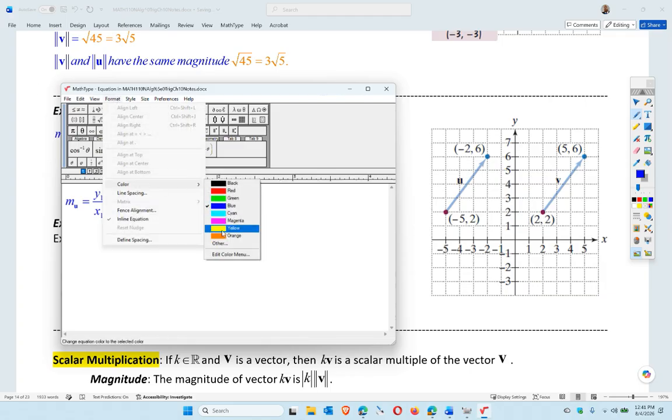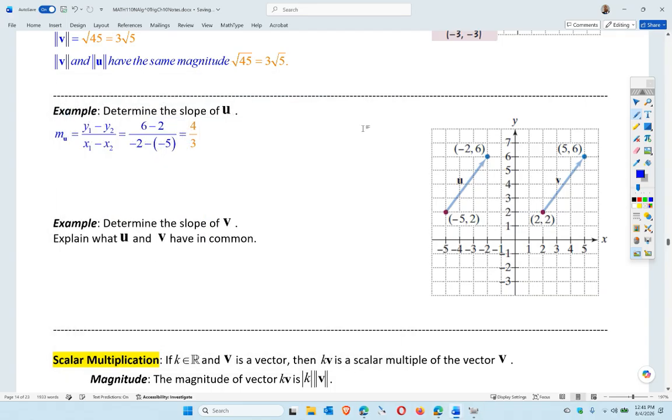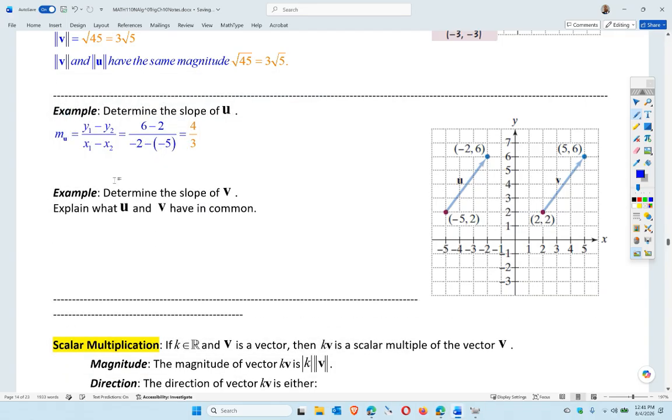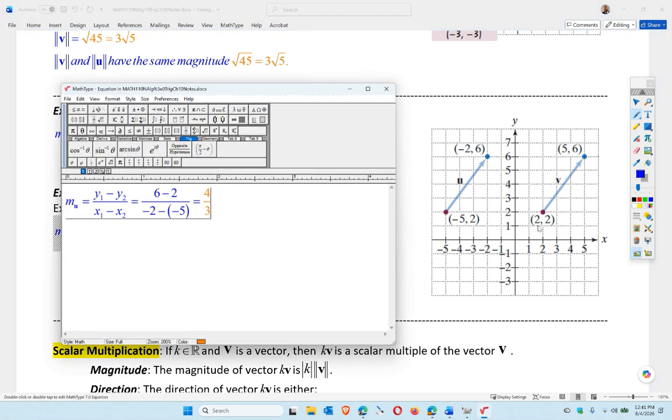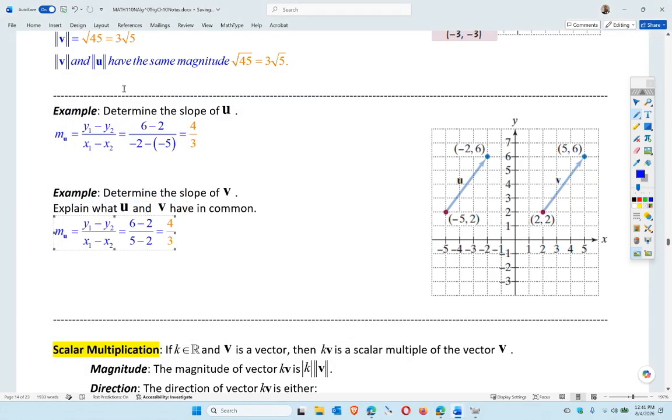We'll also be doing this in terms of bearing later on, right? Okay, well, what about the v? Well, we'll take a look here. So we do this one and change the values for v. It's (2, 2) and (5, 6). So 6 minus 2 and 5 minus 2, which gives us 4/3. So these have the same direction.